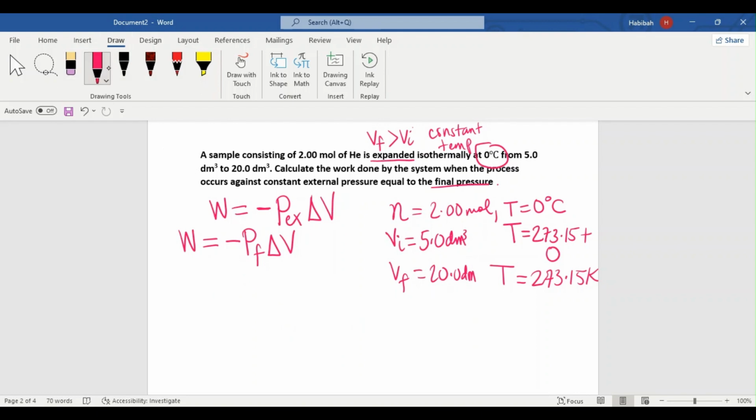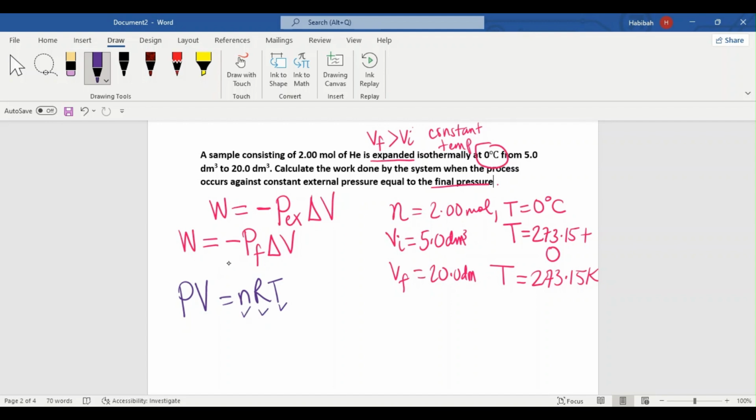Since we're going to use the final pressure, we can use the ideal gas equation, PV equals nRT. Since the temperature is constant and the number of moles is constant, the gas content is constant.